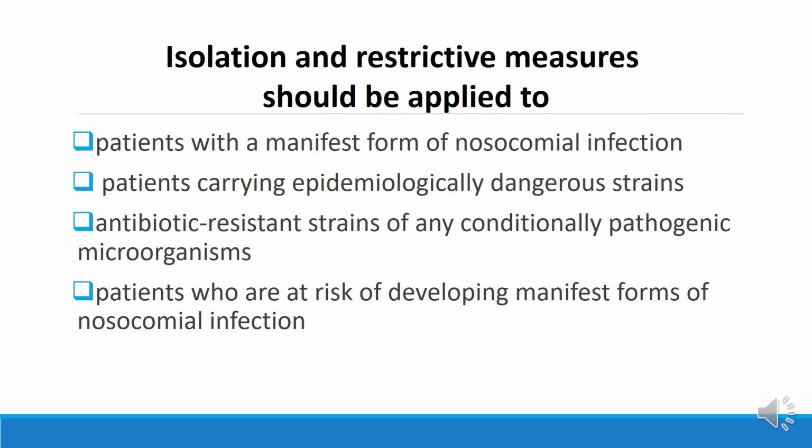Patients carrying epidemiologically dangerous strains such as Klebsiella pneumoniae, Pseudomonas aeruginosa, antibiotic-resistant strains of any conditionally causative agents, and patients who are at risk of developing clinical manifestation forms of nosocomial infection with high susceptibility to pathogens.